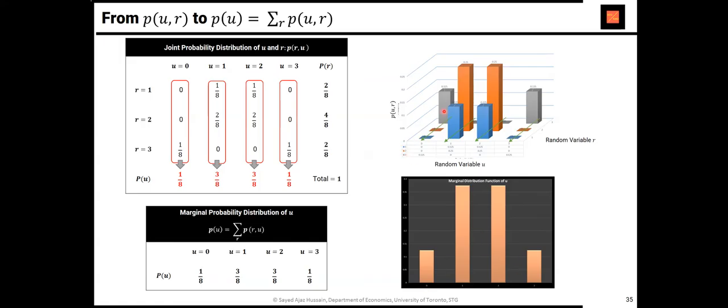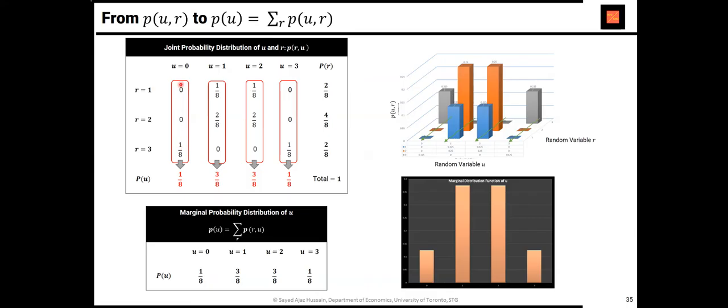So basically, you want to collapse all these pillars into u equal to 0, these pillars into u equal to 1, those pillars into u equal to 2, those pillars into u equal to 3. And you can see this is what I meant by summing across all possible values of the other variable. So let's try it again. To find out the probability of simply observing u equal to 0, I sum up all these probabilities going across this way.